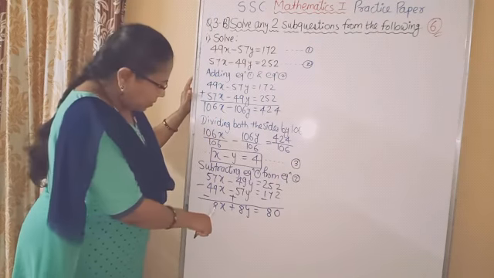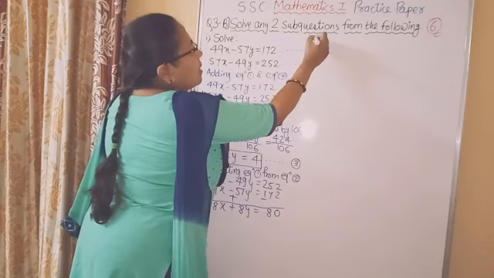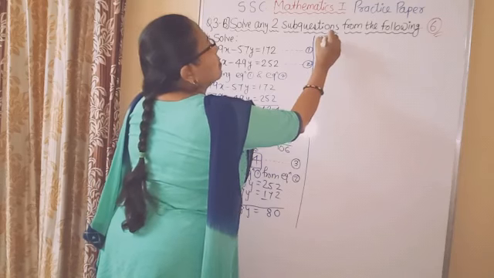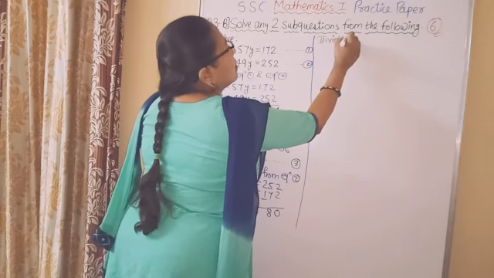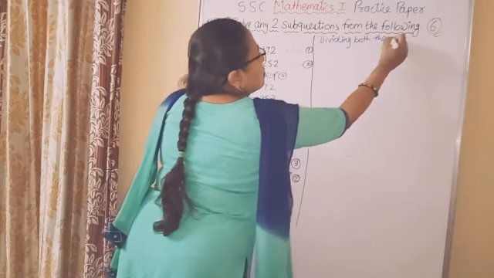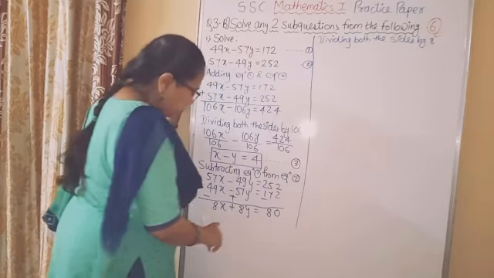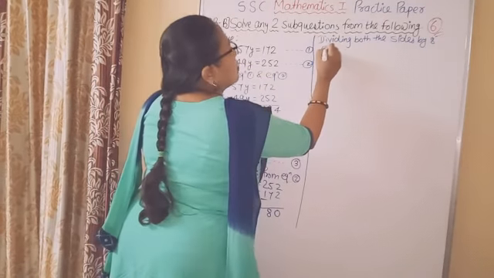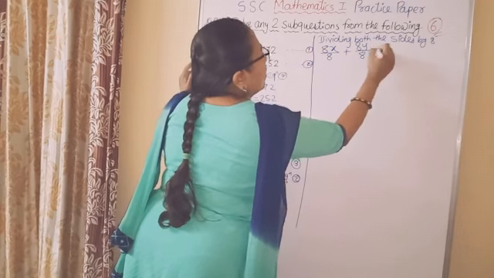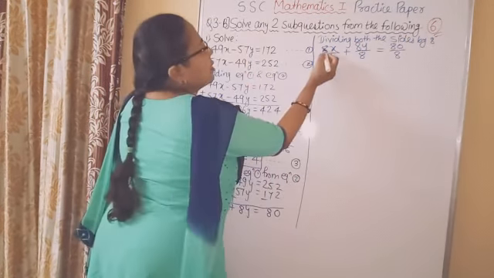Now again each term is divisible by 8. So here write dividing both the sides by 8. So first term is 8x divided by 8 plus 8y divided by 8 equal to 80 divided by 8. 8 ones are 8.